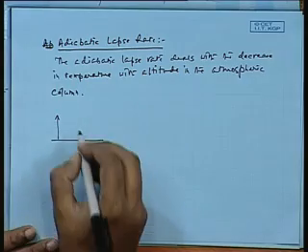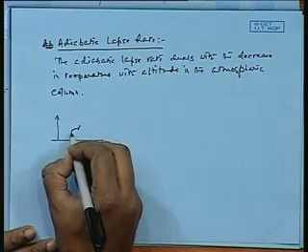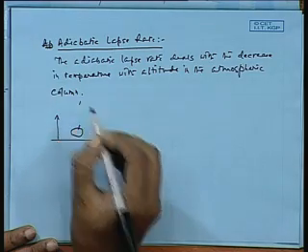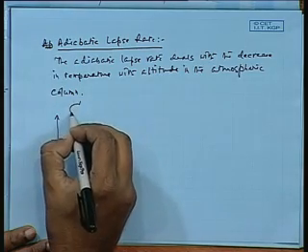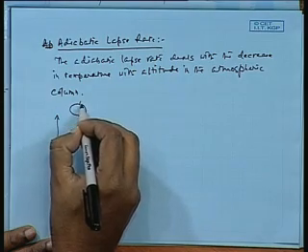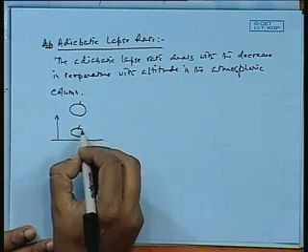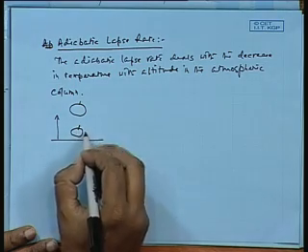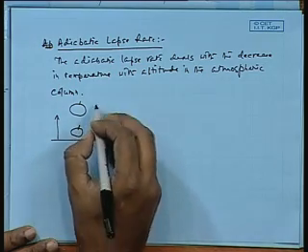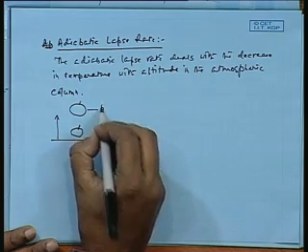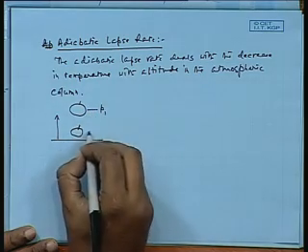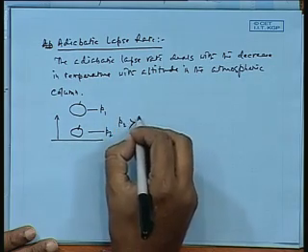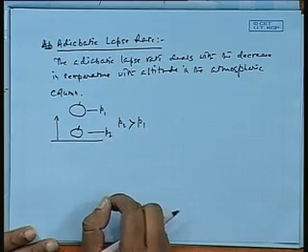If you just observe a particular balloon here, you will observe that this would be at a higher pressure. If you observe P1 here and P2 here, you will always find P2 becoming more than P1.